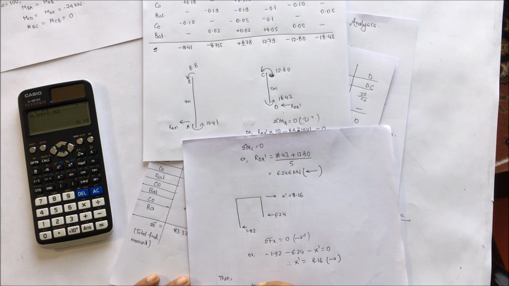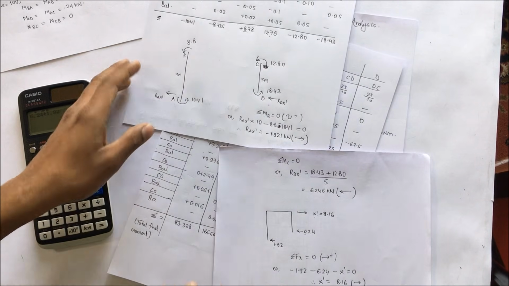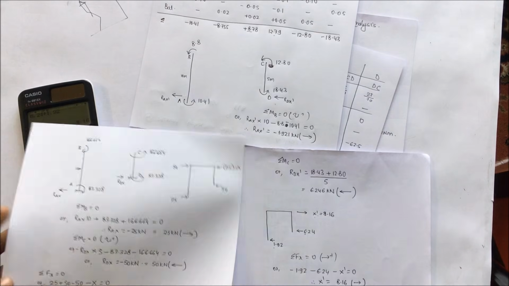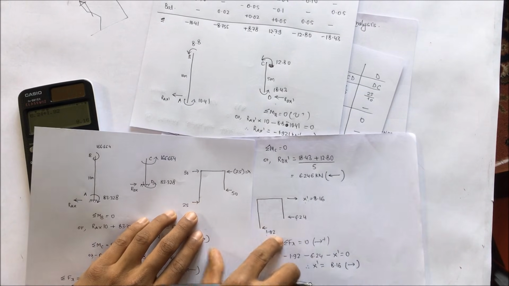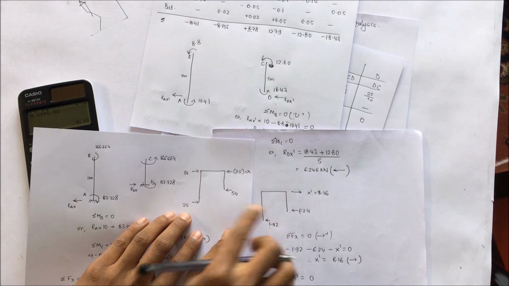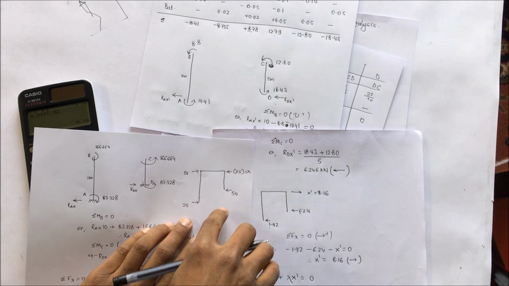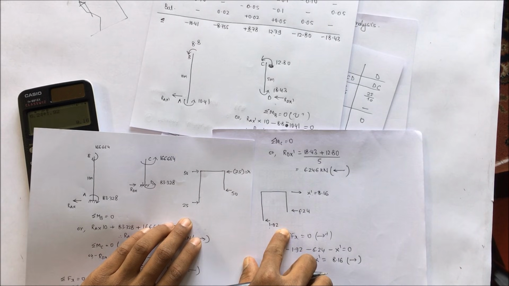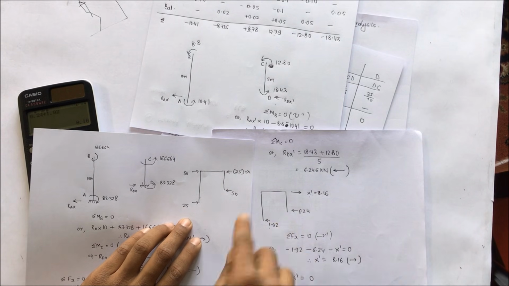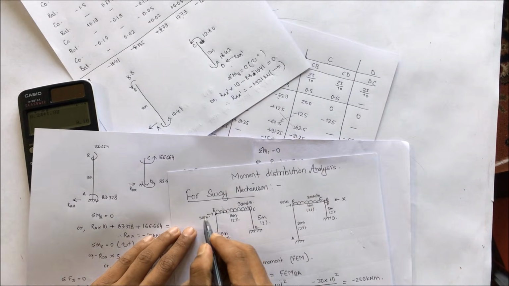Then X plus lambda X dash is equal to 0. We have two different ways of analyzing in this particular question, because this is without the consideration of sway effect, and this is with the consideration of sway effect, the effect that has been developed due to the 50 kilonewton load acting from this direction.